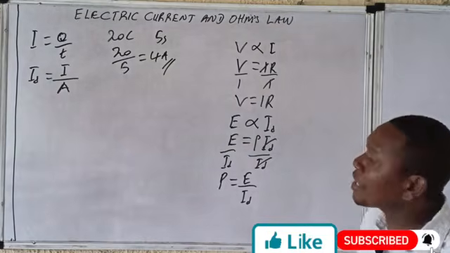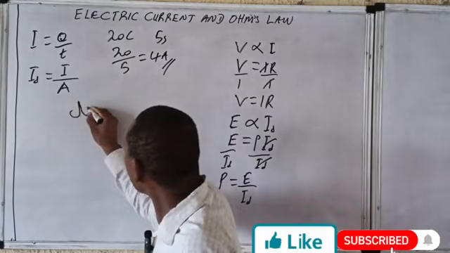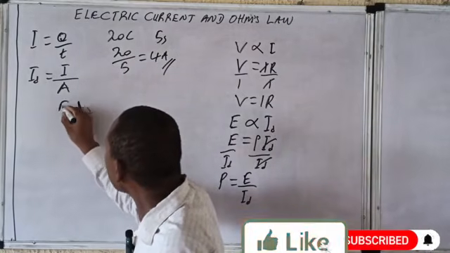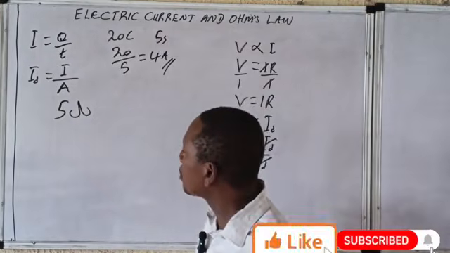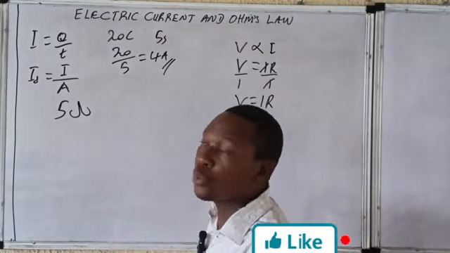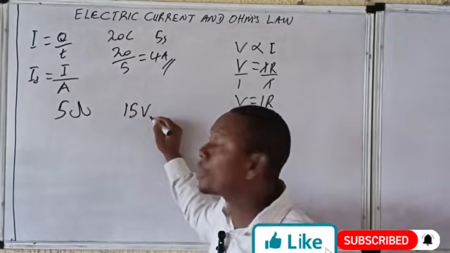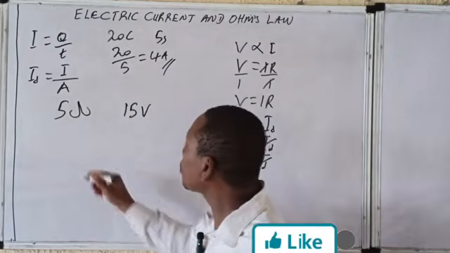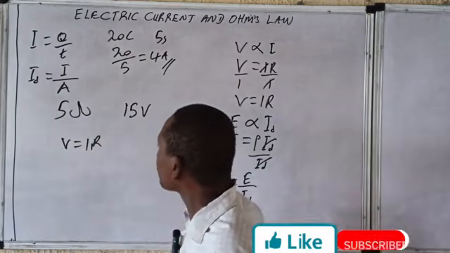Now, let me give you a basic question. Let's assume that a resistor of, let's say, 5 ohms is connected to a battery of 15 volts. Calculate the current flowing through the resistor. Now we know that V is equal to IR.